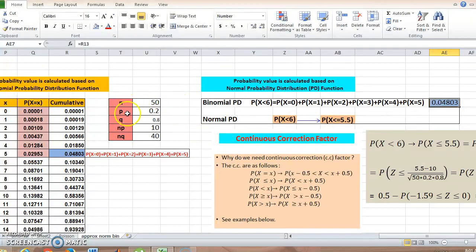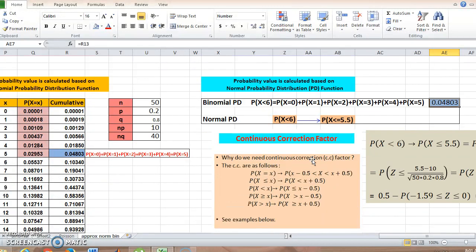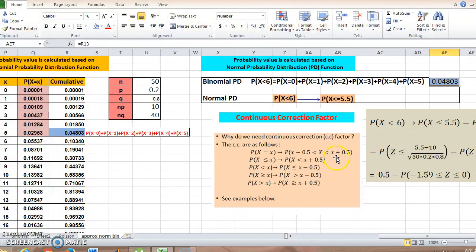Now, since the conditions are met, I want to use the normal probability distribution function to solve for the same probability of interest. However, before we continue, we have to consider our continuity correction factor or CC factor. There are several types of CC factor.